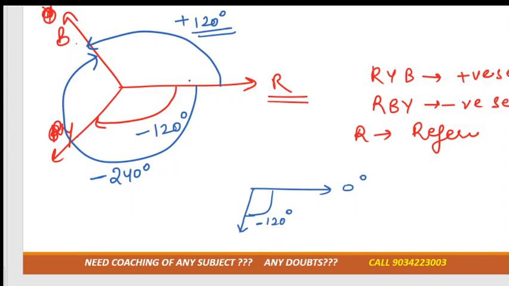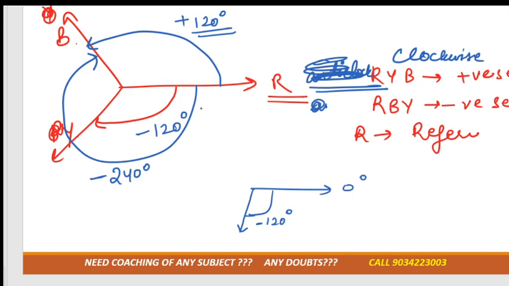You can consider that if we are going anti-clockwise, then it is negative sequence. If we are going clockwise, then it is known as positive sequence.